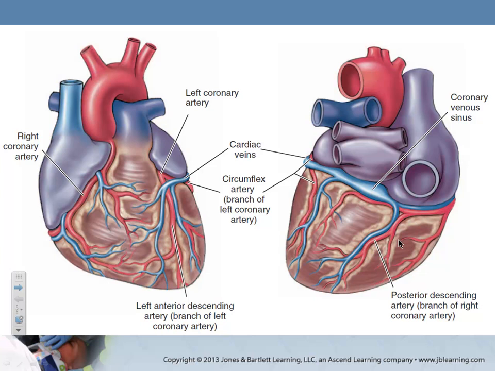And it's going to supply a large portion of it, whereas your right is really just supplying this part and part of the left ventricle, not much. All right? And again, it's important because they are your lifeline for your heart. Your heart has to stay oxygenated.